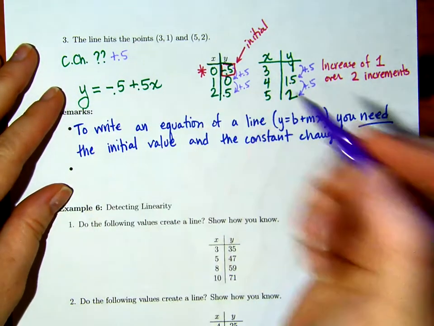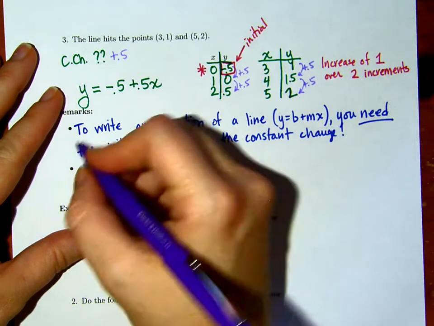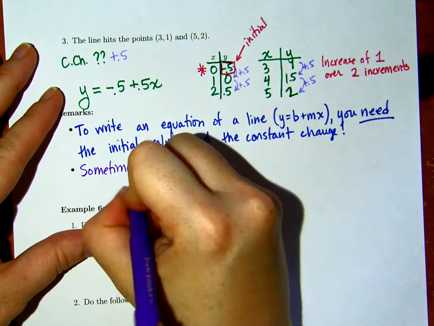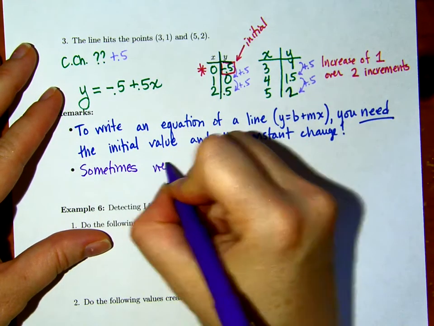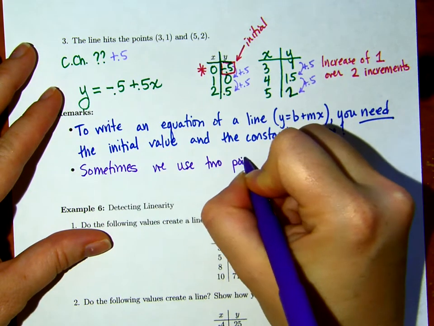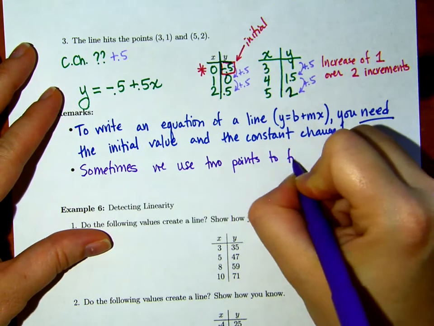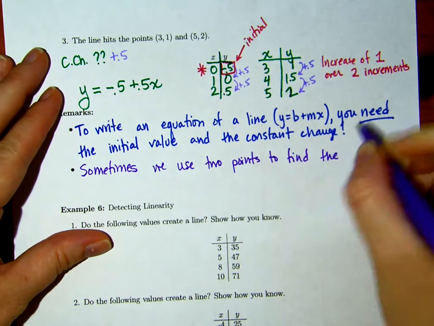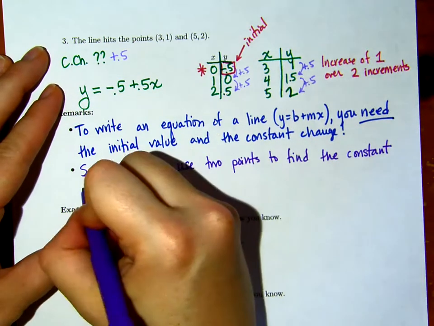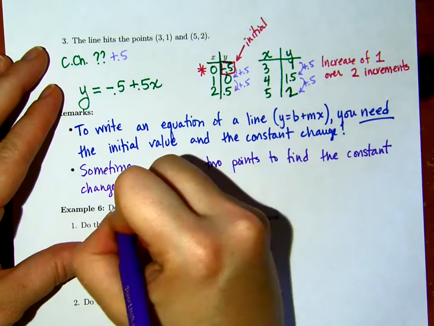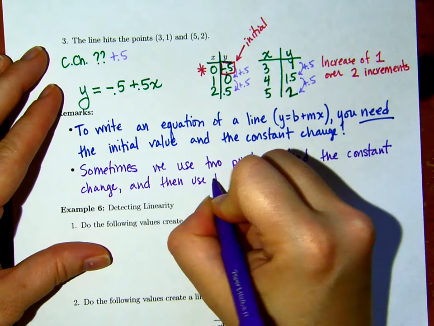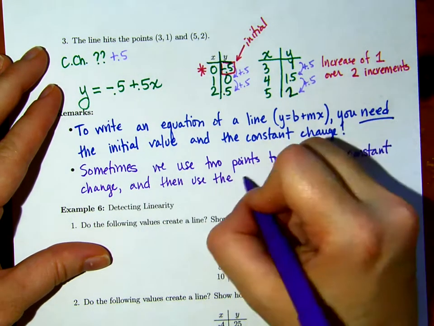Okay, so another remarkable thing is that sometimes we use 2 points to find the constant change, and then use the constant change to find the initial.